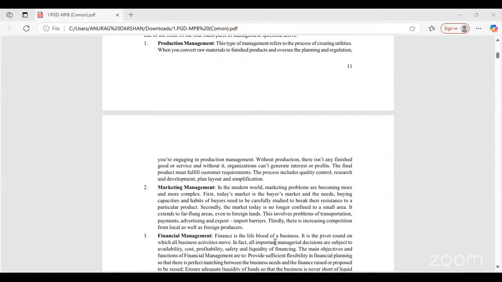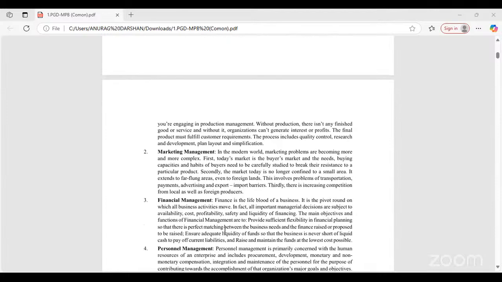So what kind of strategy should the management apply here? In this competitive world, the management should also be very, very competitive in targeting the consumer.